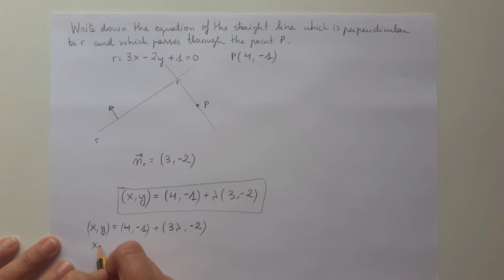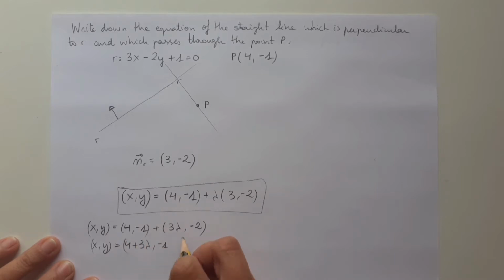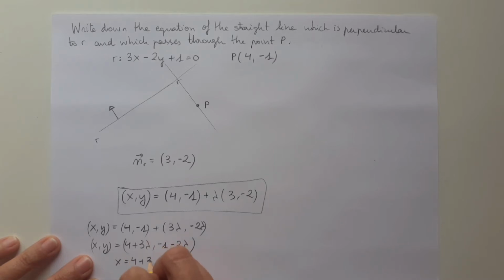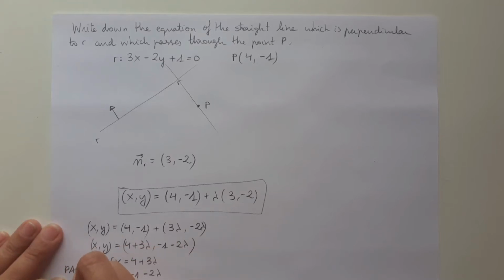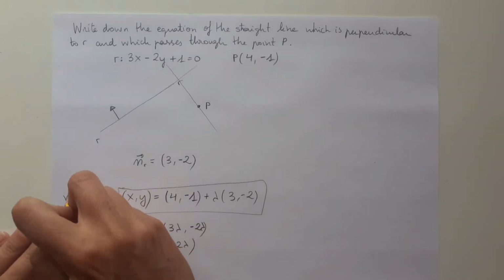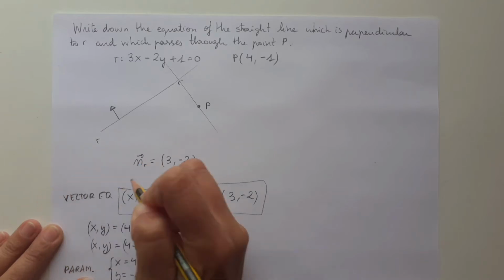And to add vectors, we just add the coordinates. So it would be 4 plus 3 lambda for coordinate x, and -1, I forgot lambda here, minus 2 lambda in this case. So my parametric form would be x equals, if these two vectors are the same, the x coordinate must be the same and the y coordinate as well. 4 plus 3 lambda, and y must be -1 minus 2 lambda. So these are parametric equations. This is the vector equation.